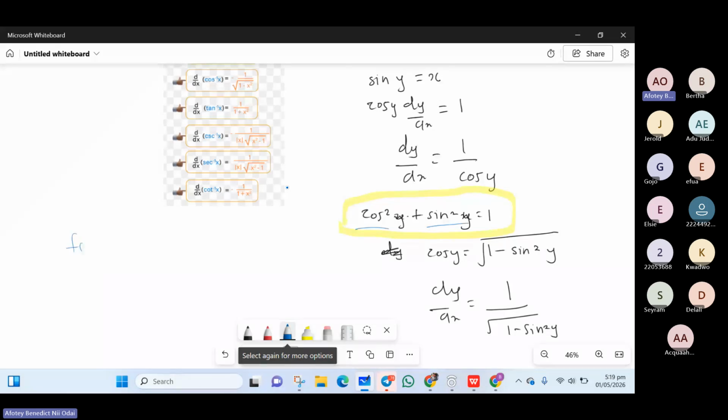Let's say f of x is equal to cos inverse of 3x. Okay, let's use this formula for it.